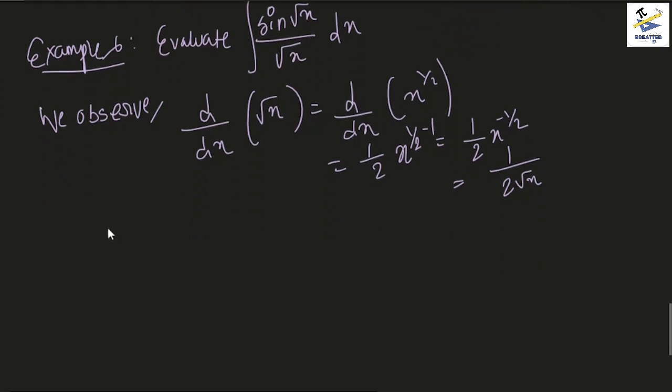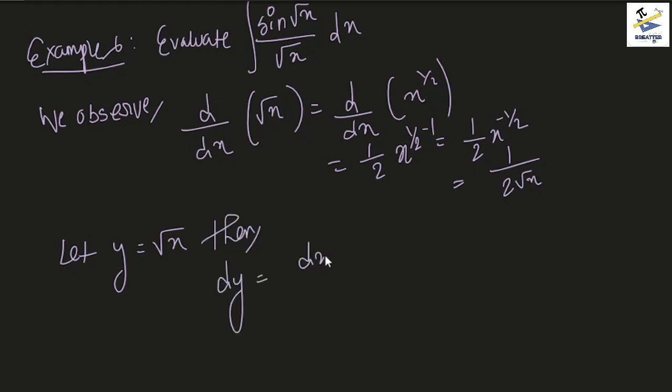So if we were to differentiate, what we would get is something like this. Let y equals root x, then dy should be equal to dx by 2 root x, right?